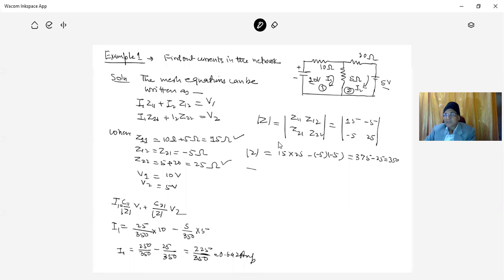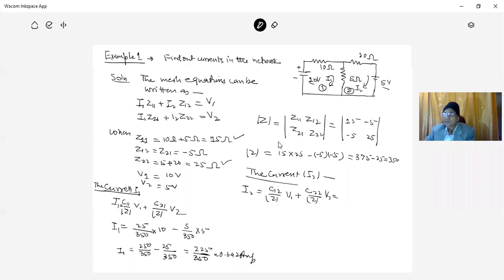Now the current I2 is equal to C12 upon Z V1 plus C22 by Z V2.